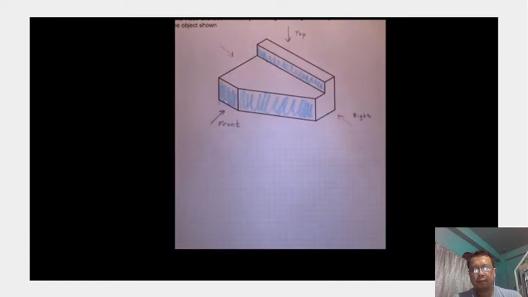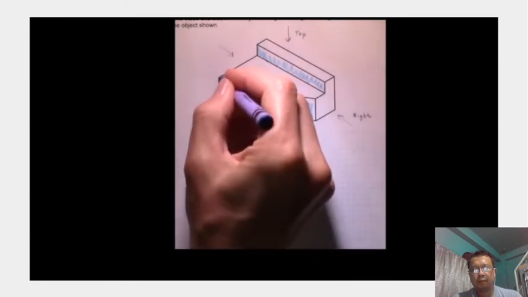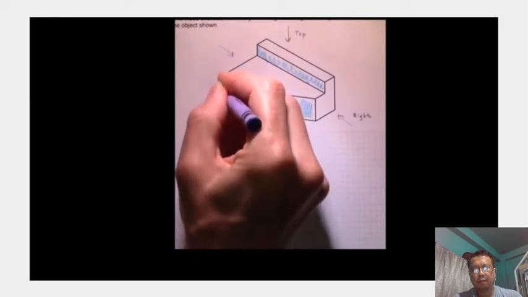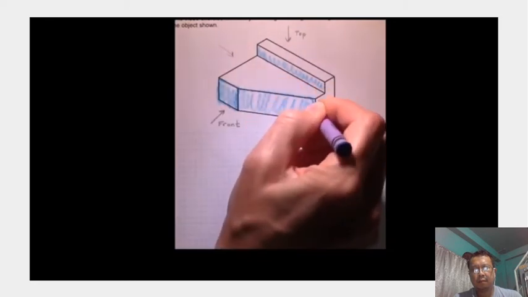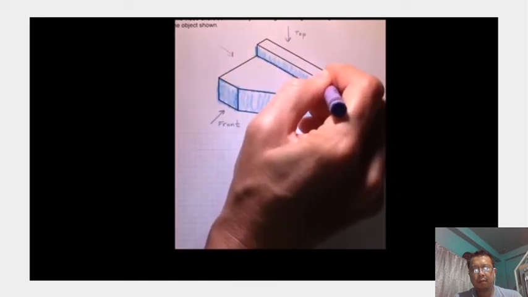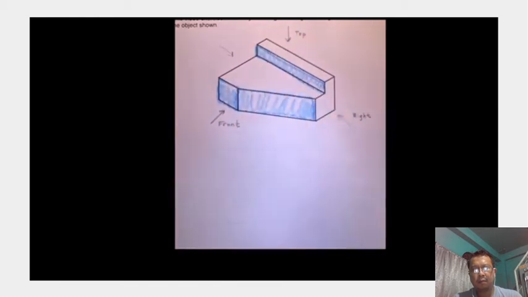So let's go ahead and draw that. When we draw it, we're going to see these shapes. So that's what we should see in the front view.